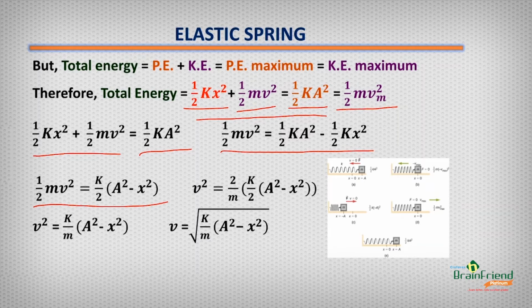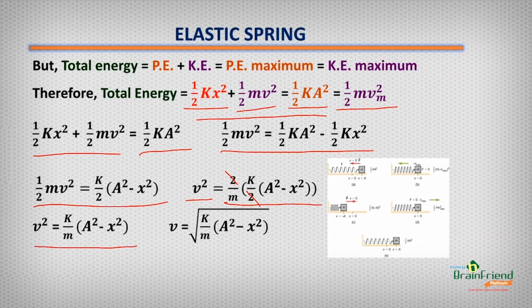In order to eliminate half m on the left-hand side of this equation, we multiply both sides by 2 over m, and this leaves us with v squared is equal to 2 over m bracket open k over 2 bracket open a squared minus s squared bracket close bracket closed. On the right-hand side of this equation, 2 cancels out 2 to give us v squared is equal to k over m bracket open a squared minus s squared bracket closed.